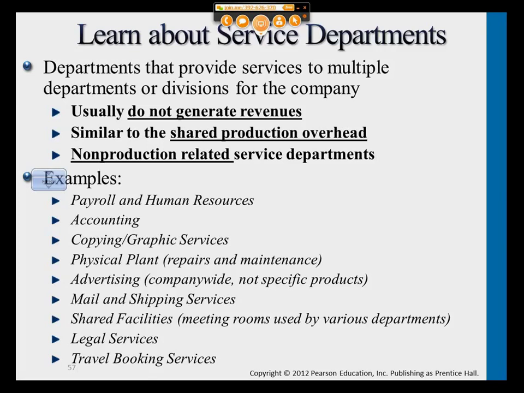So this is obviously not an all-inclusive service list. So the key here is that a service department is really centralized, right? They're not generating any revenue, and they provide services to many departments within the company.